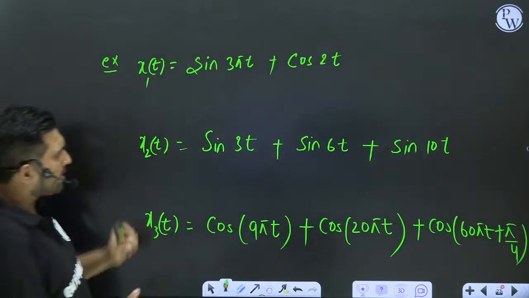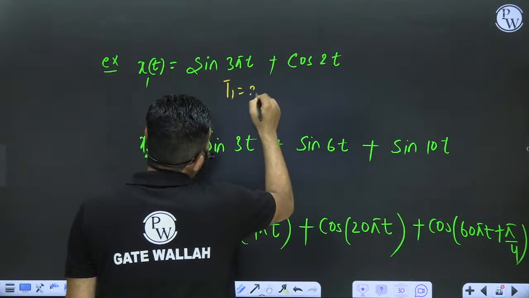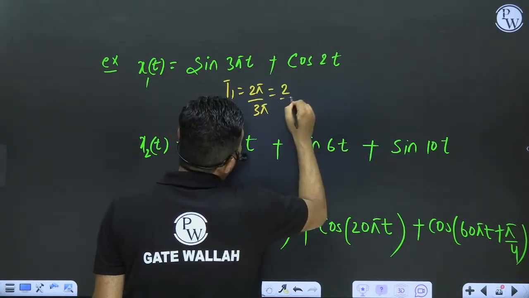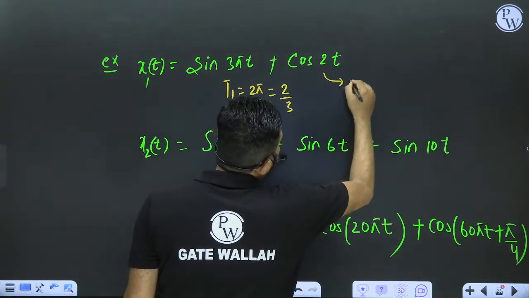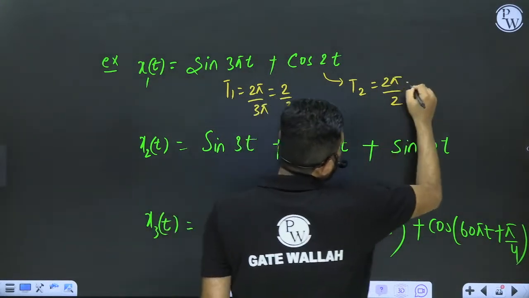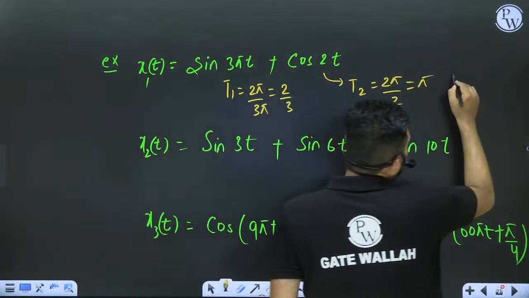Let's consider T1 here. T1 is 2 pi by 3 pi, which means it is 2 by 3. Let's consider T2. T2 is 2 pi by 2, and this comes out to be pi. What is T1 by T2?